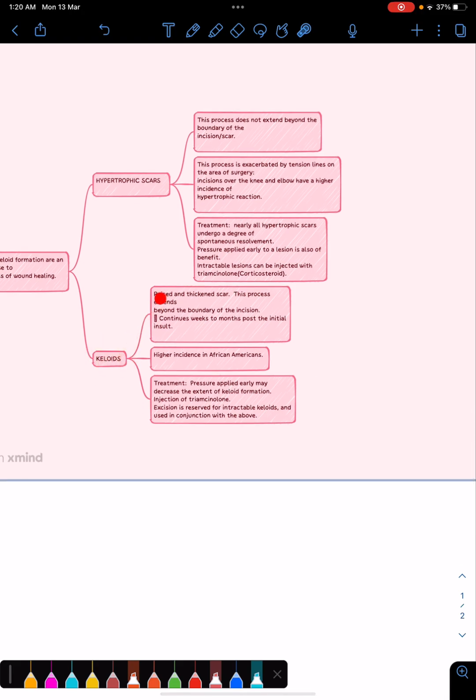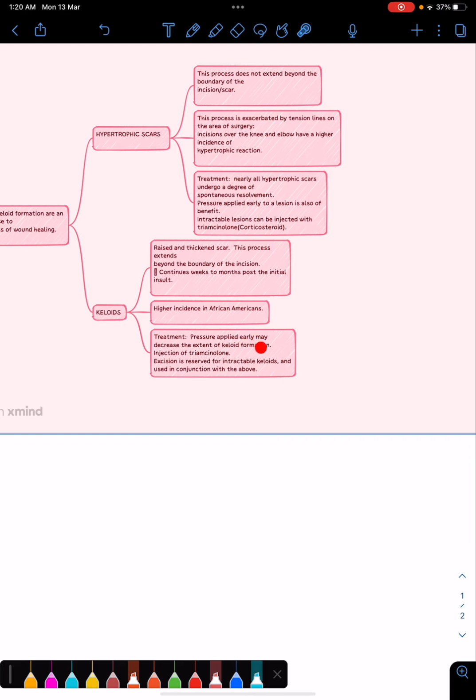Keloids are raised and thickened scars. This process extends beyond the boundary of the incision, which is a bigger problem actually. It continues for weeks to months after the initial insult. Higher incidence in African Americans. Treatment: pressure applied early may decrease the extent of keloid formation. Injection of triamcinolone.